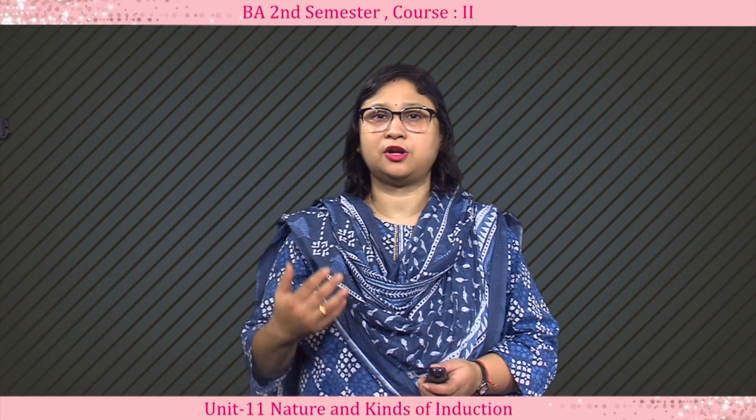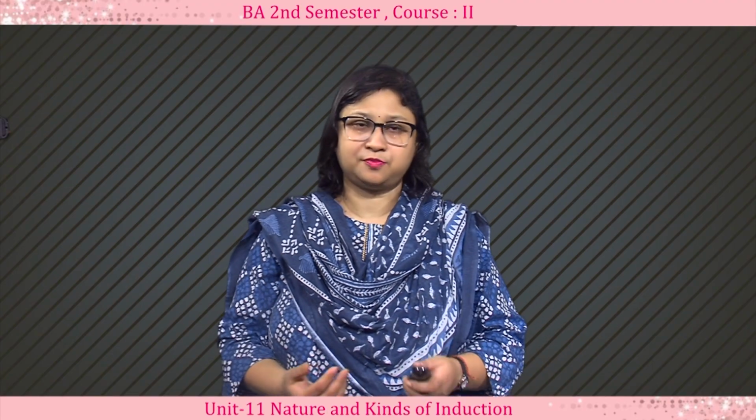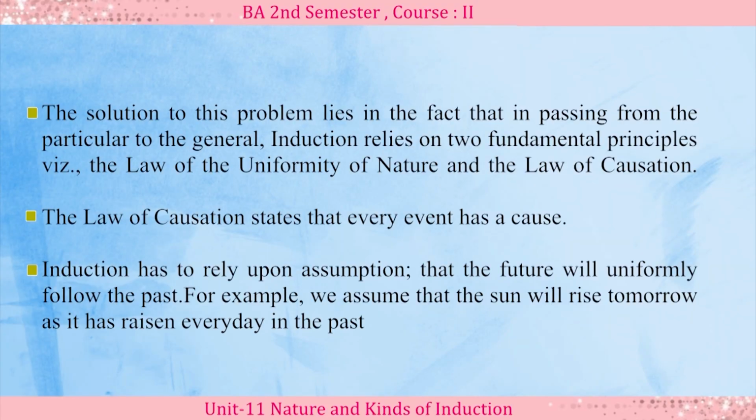Now, what is the solution the philosophers have provided for this problem? The solution lies in the fact that in passing from the particular to the general, induction relies on two fundamental laws: the law of uniformity of nature and the law of causation. I have already told you, according to the law of uniformity of nature, nature behaves in a similar way under similar circumstances.